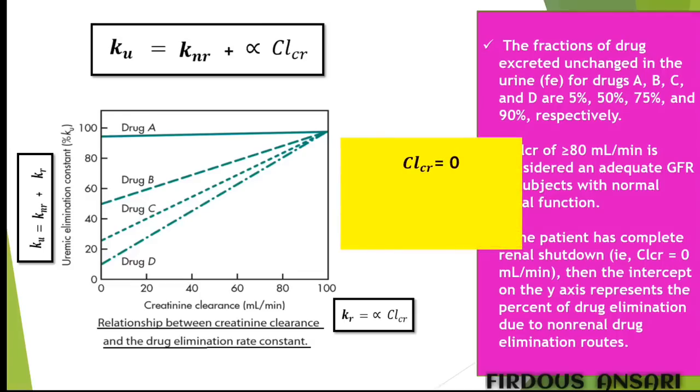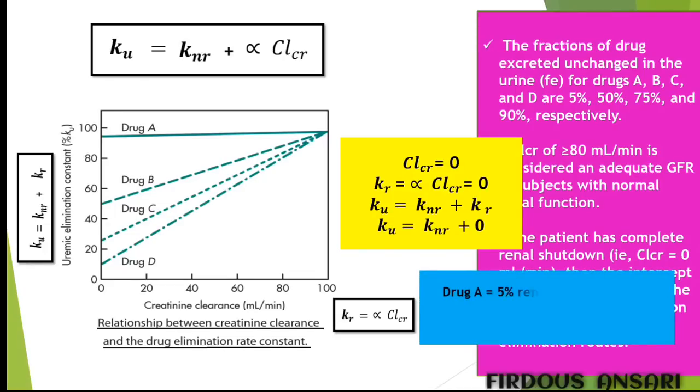Obviously, when creatinine clearance equals 0, the renal elimination rate constant, which equals a constant multiplied by creatinine clearance, is completely 0. The elimination rate constant in a uremic patient is the sum of the non-renal and renal elimination rate constants, but the value of Kr we got is 0. Therefore, you can write Ku equals KNR.